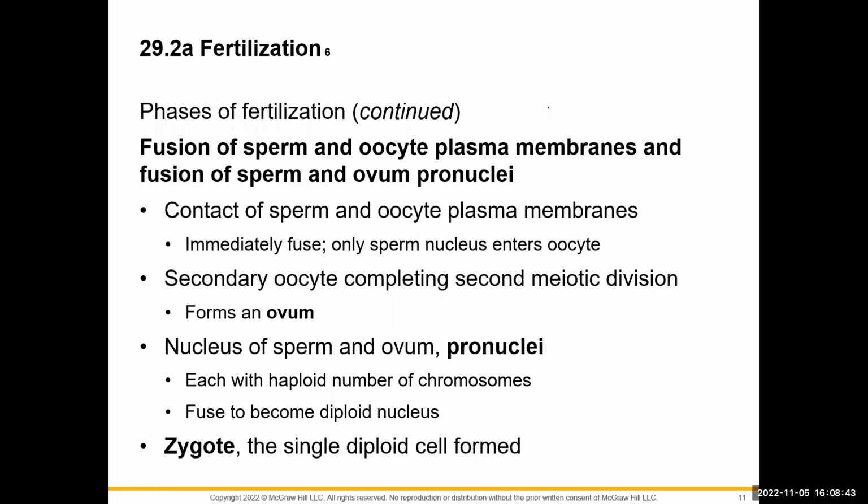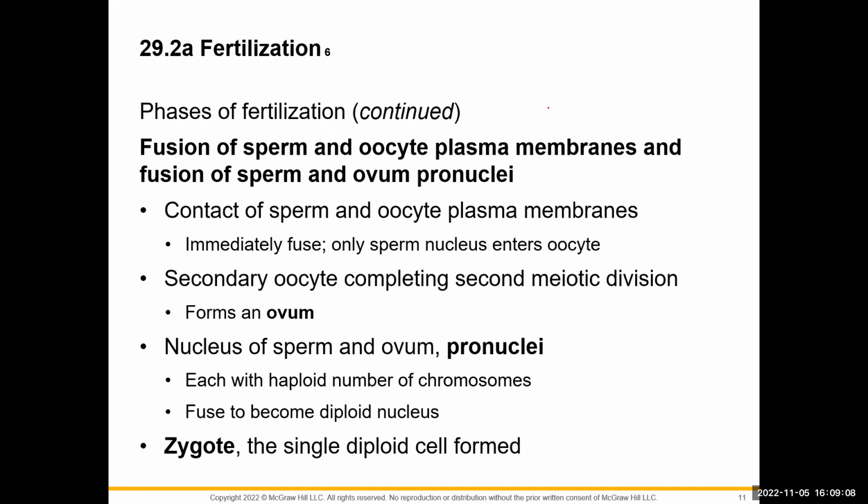Okay, so on to the next phase of fertilization. And this is where the sperm and the secondary oocyte, both of their plasma membranes now fuse. And as a result of this, the nucleus of the sperm is going to enter into the oocyte.